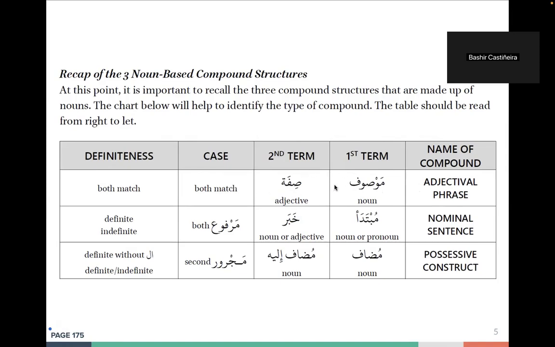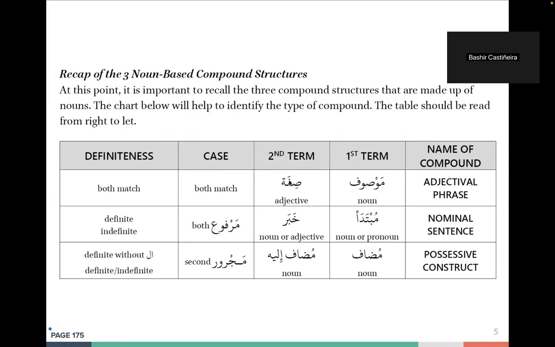So let's give a quick example. رجل كريم. For example, رجل would be the mawsuf, كريم would be the sifa. رجل is the described noun, a man. كريم, generous, is the thing describing how the man is. And you have to make sure that كريم, the sifa, matches in the four things. رجل is masculine, because of the meaning, we know that.